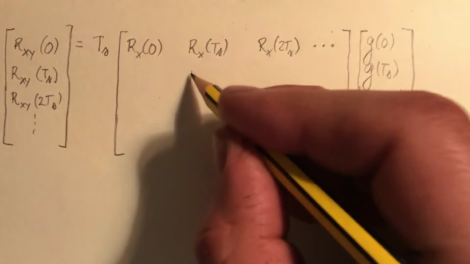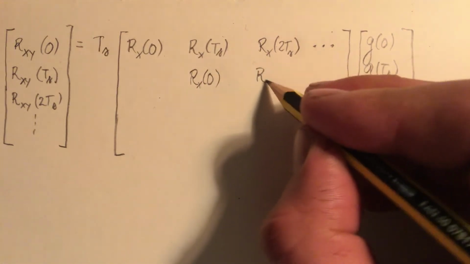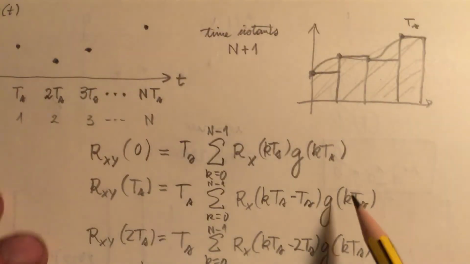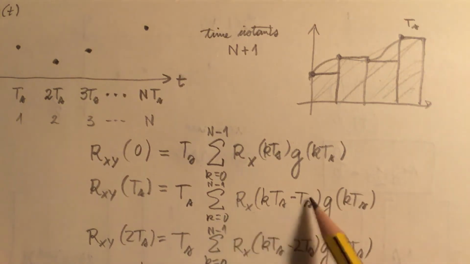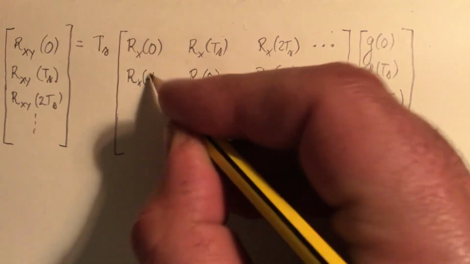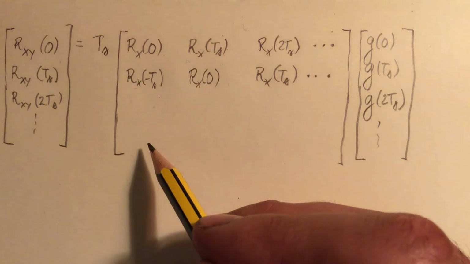So it is here that I will have Rx of 0. So here I will have Rx of ts, and of course, when this is 0, I will have Rx of minus ts. Of course, we know that the autocorrelation is even.